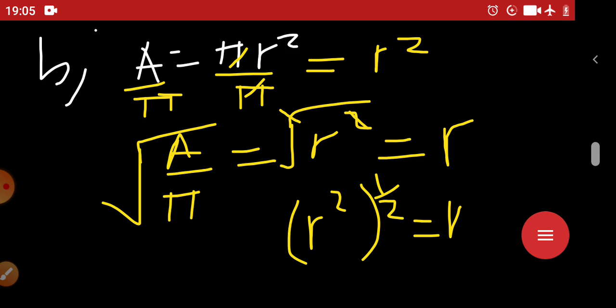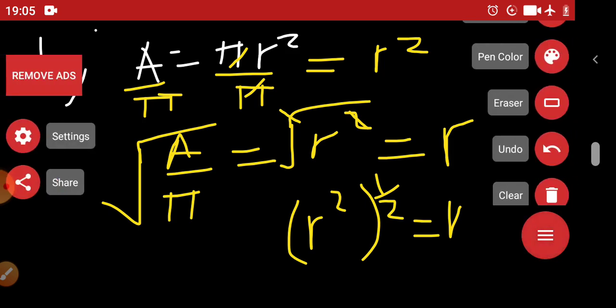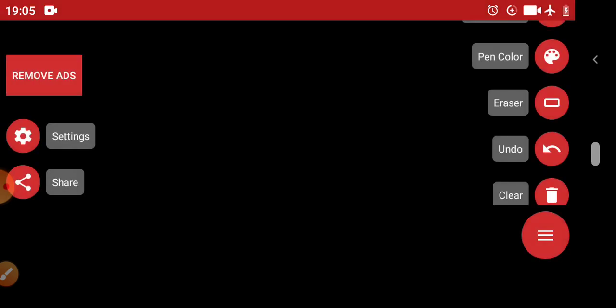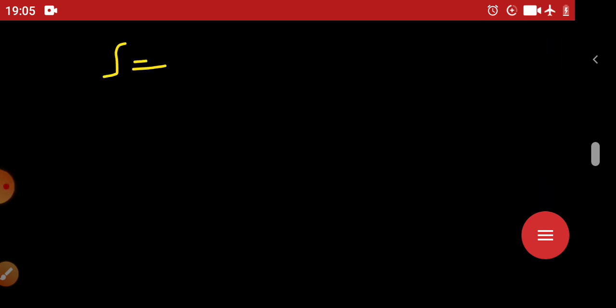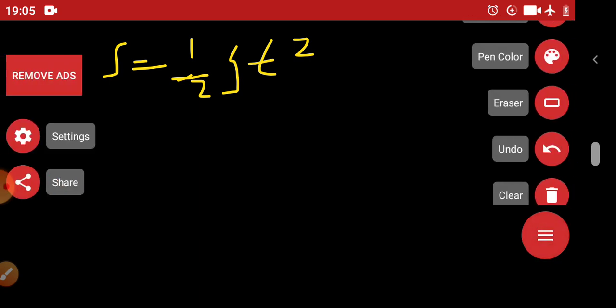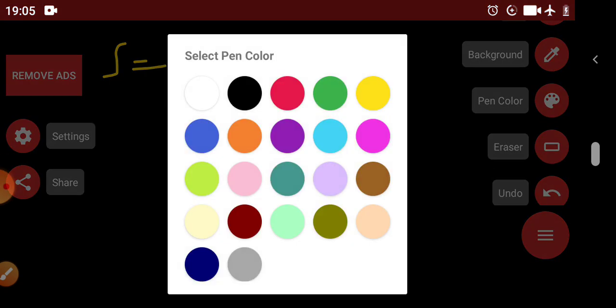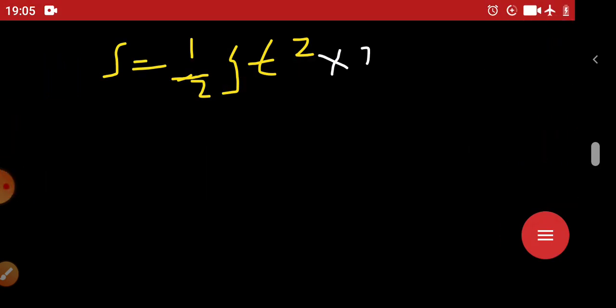So let's go to C, where we are required to make t the subject. Here in C, we have s is equal to half g t squared. It would be convenient now to sort the denominator, whereby we multiply by 2 both sides, so that these 2 cancel, and from the right hand side we are left with g t squared.